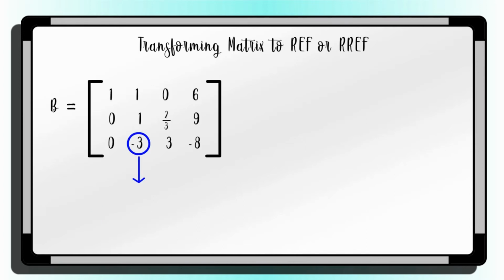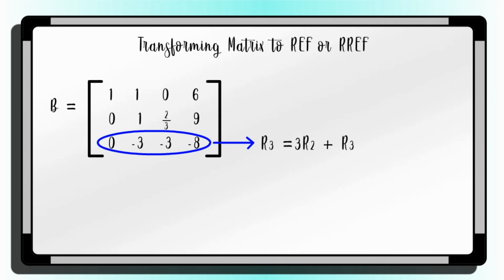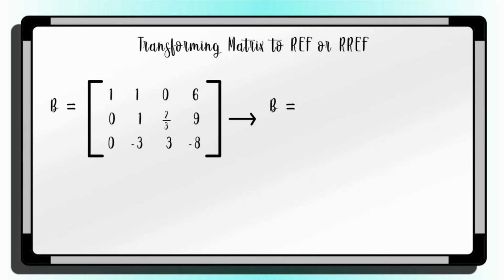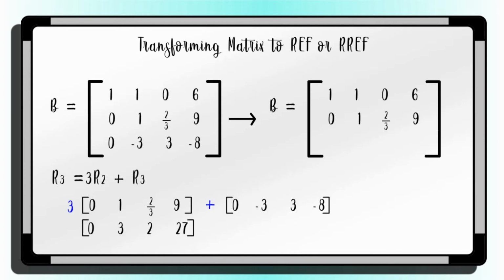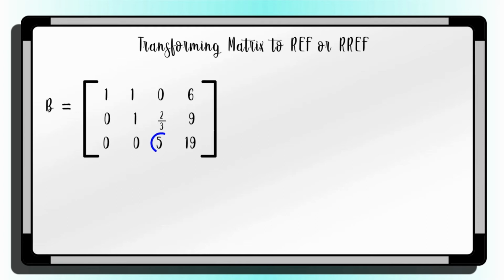Then turn the second entry of R3 to 0. The first non-zero entry of R3 is 5.